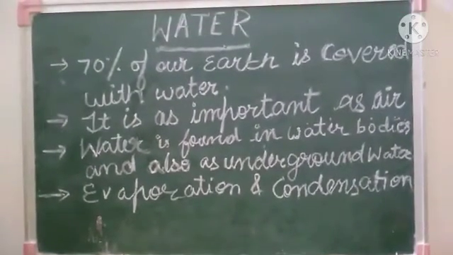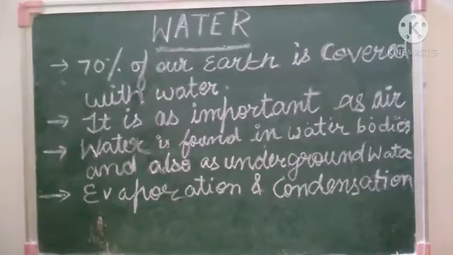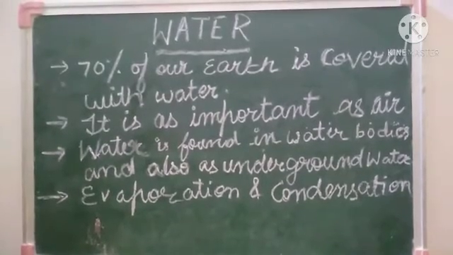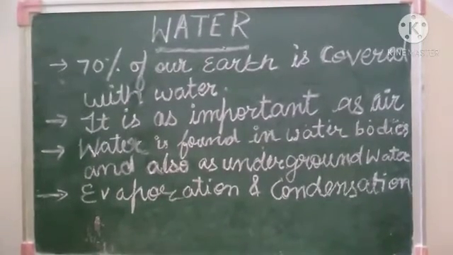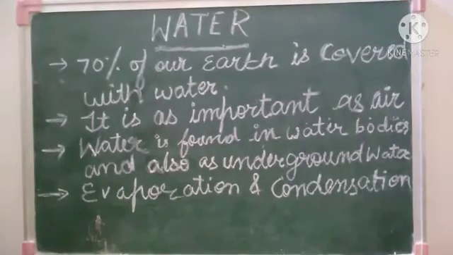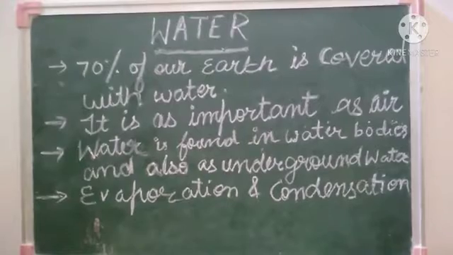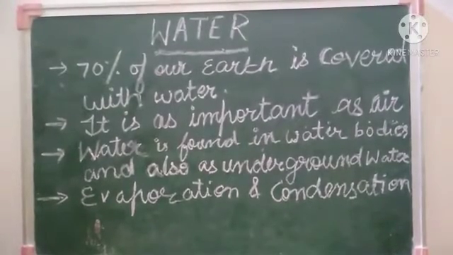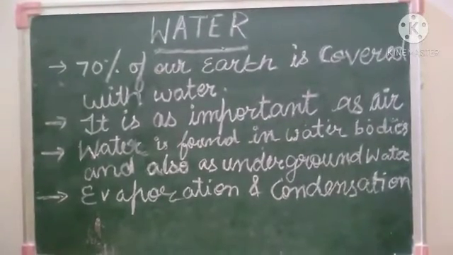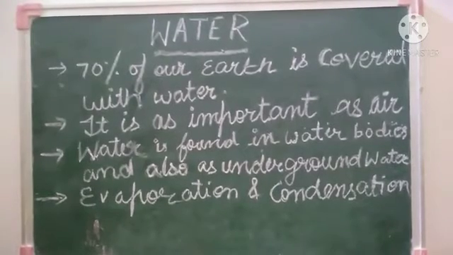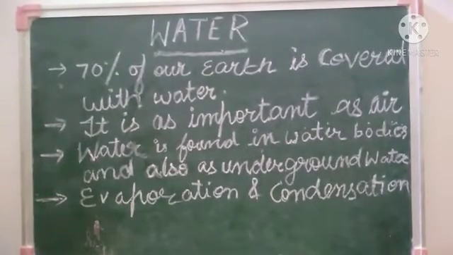The balance of water on earth is maintained by two processes, that is evaporation and condensation. These change the state of water from water to gas and gas to water, and by this process the level of water is maintained on earth.